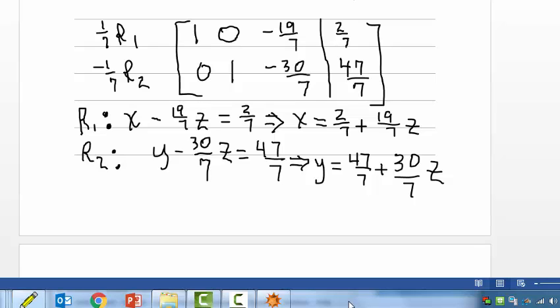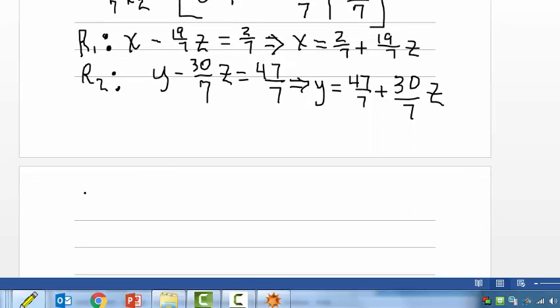And so one of the things that has been happening in section 6.2 with these types of solutions is the text has been using a parameter t.